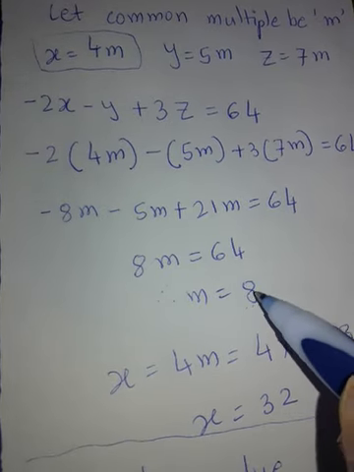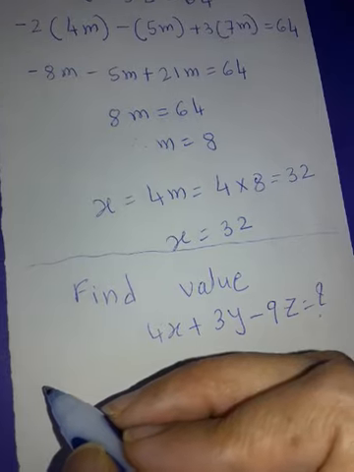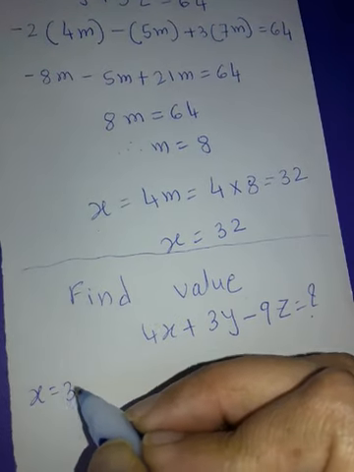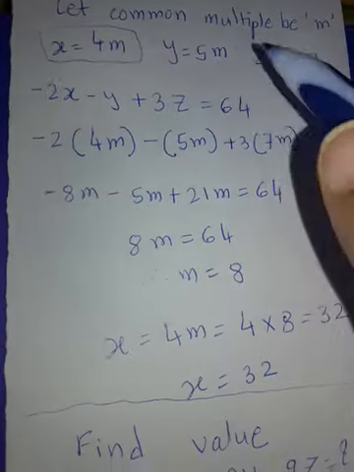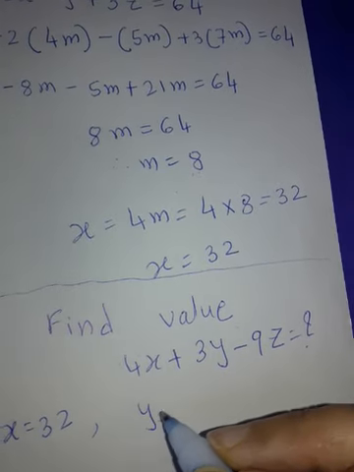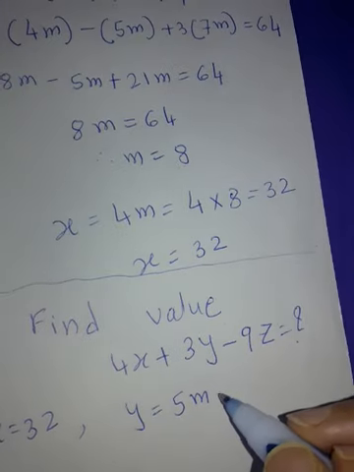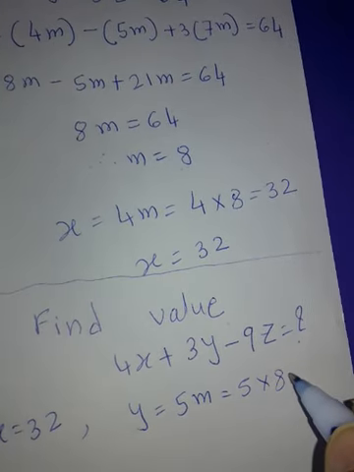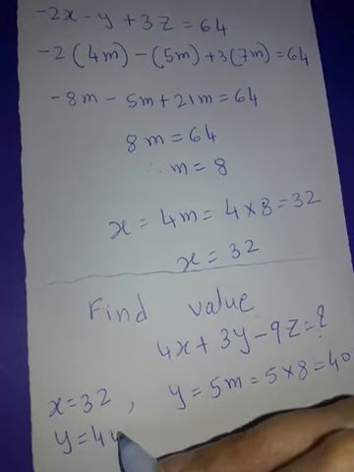M is 8 and what is y? Y is 5m. We already have x, that is 32. How will we find y? Y is 5m. We have the value of m, that is 8. So y will be 40.